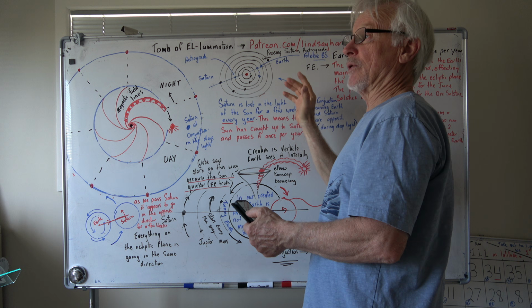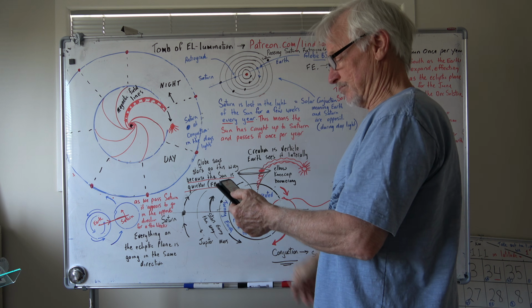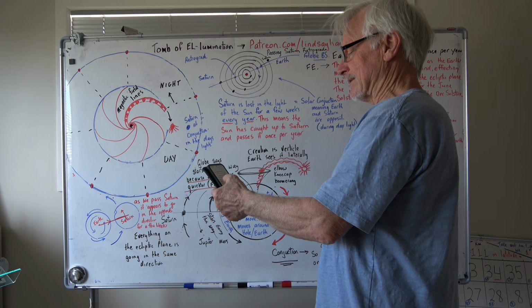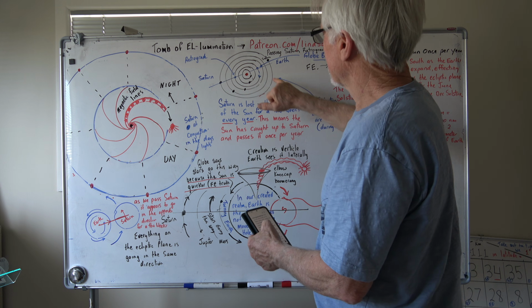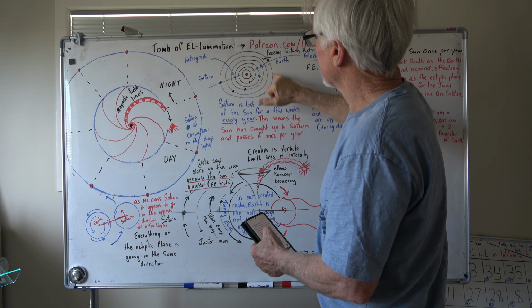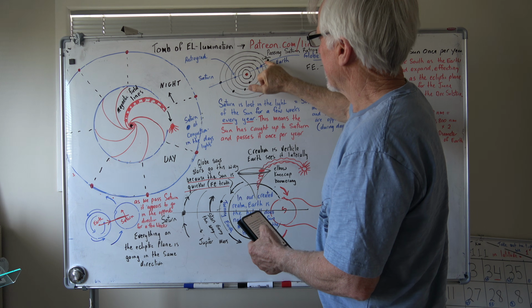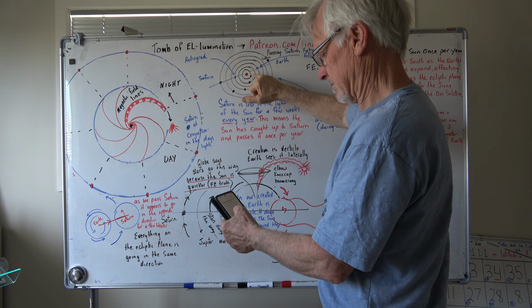I'll do another video on that, because that's bonkers as well. Catches up to and passes Saturn. Okay, so I'll put Saturn out here, and Earth has come around and passed it. Okay, and it's between Saturn and the Sun.